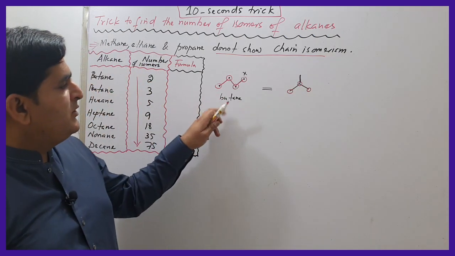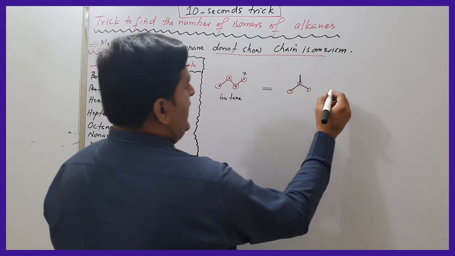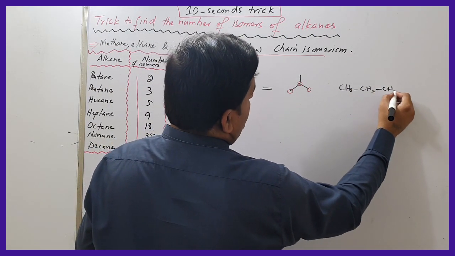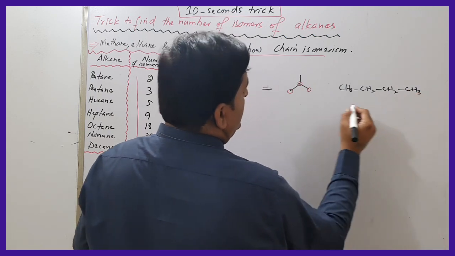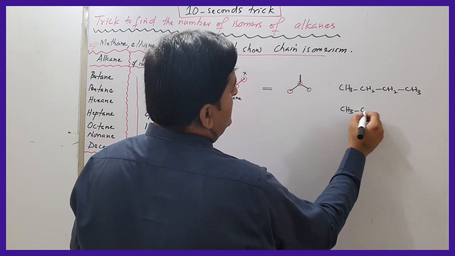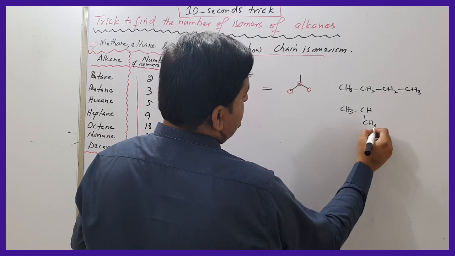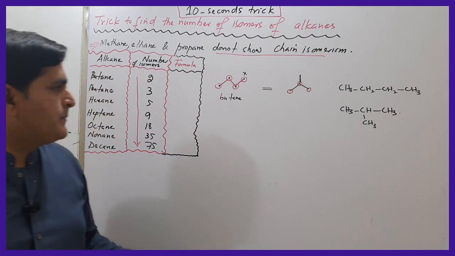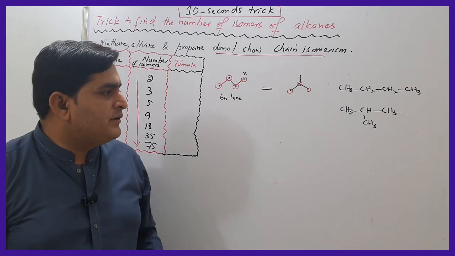So butane is represented by 2 structures. One is n-butane, CH3CH2CH2CH3, and the other is isobutane, CH3 with 1 branch. So these are the 2 isomers of butane.